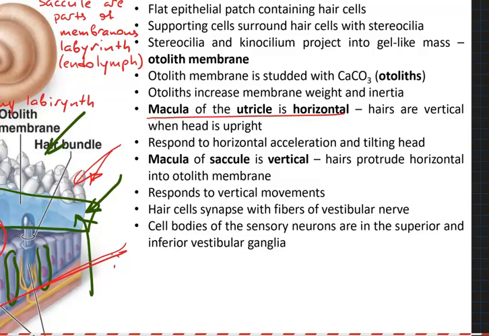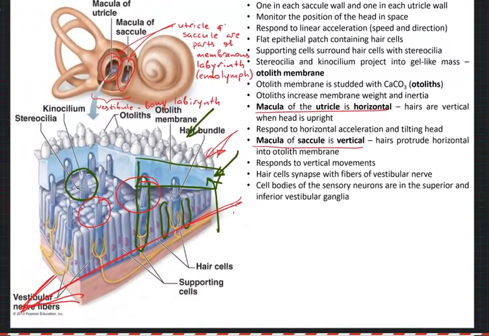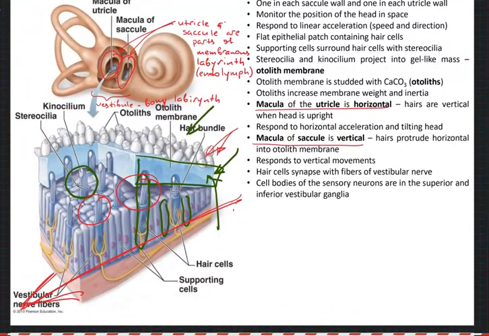Sounds good? In the saccule, the receptor, the macula, is vertical. So saccule is responsible for you feeling the elevator starting going up or slowing down as it reaches your target floor. Make sense? Okay.